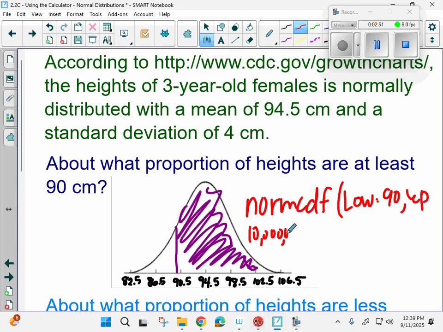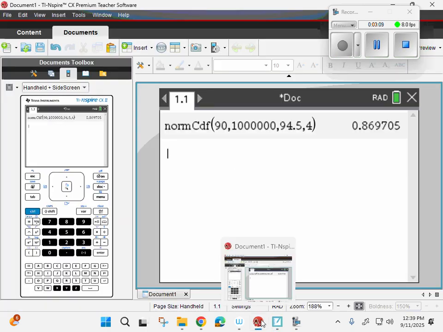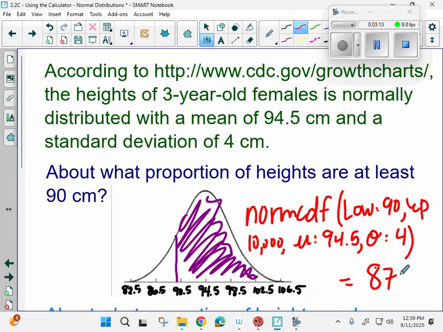All right, and then my mean, you're going to put mu, you have to label it, 94.5. And then my standard deviation, you're going to put sigma and plug in 4. Okay, norm CDF greater than 90. And we got about 87% of 3-year-olds are at least 90 centimeters tall.